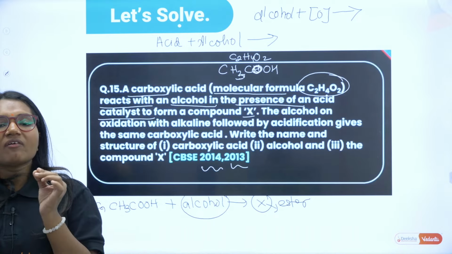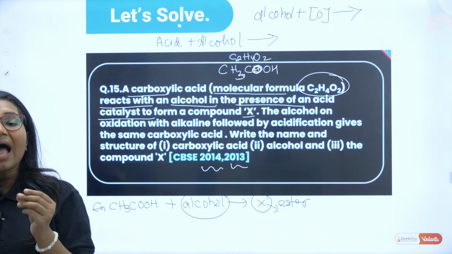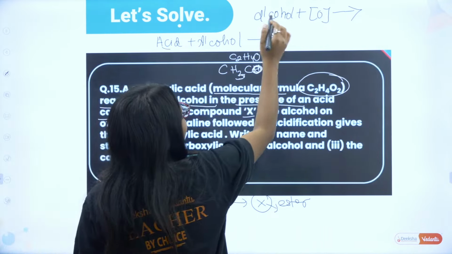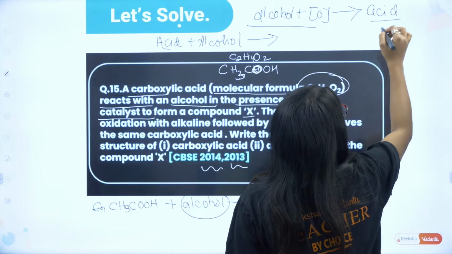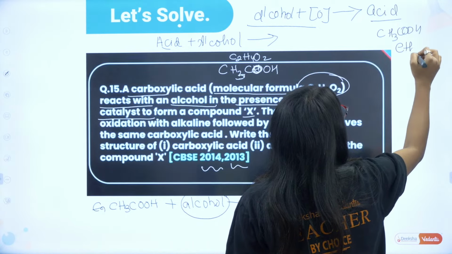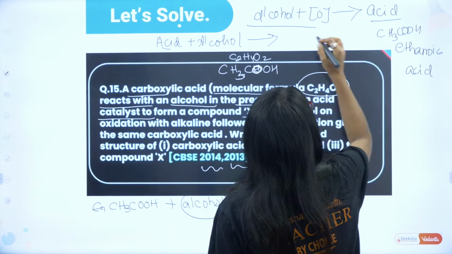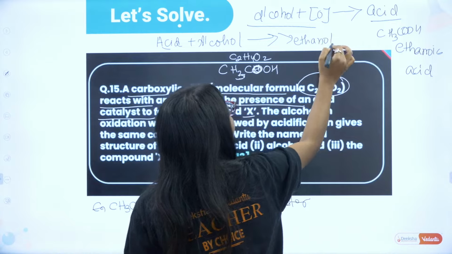Yes, oxidation of alcohol gives you what? It gives you acid. So, oxidation of alcohol gives you acid, and acid has 2 carbon. Which acid? This is ethanoic acid. So, ethanoic acid we can get through ethanol. So, this alcohol is nothing but ethanol.